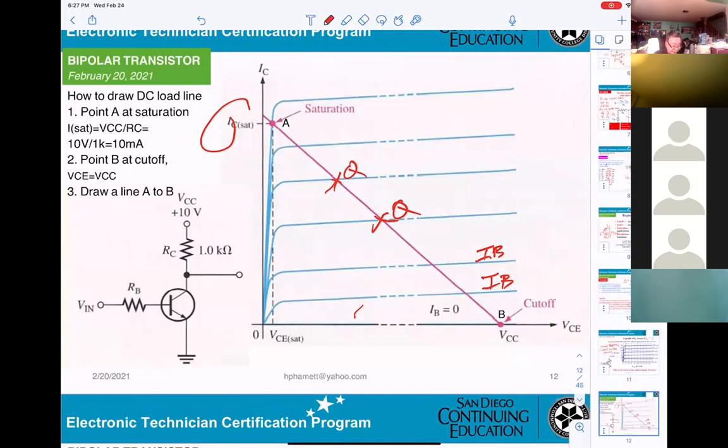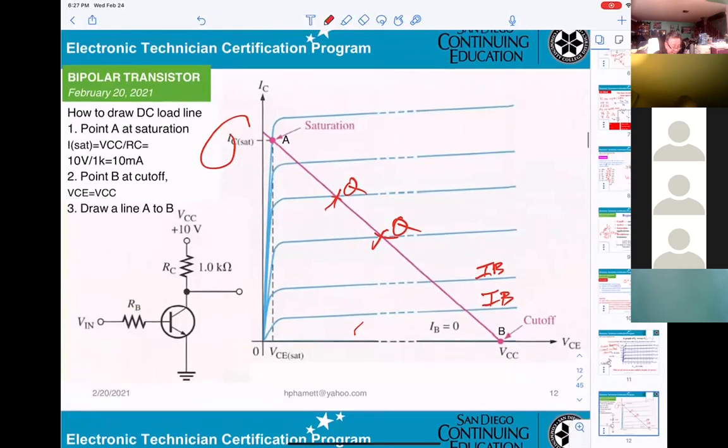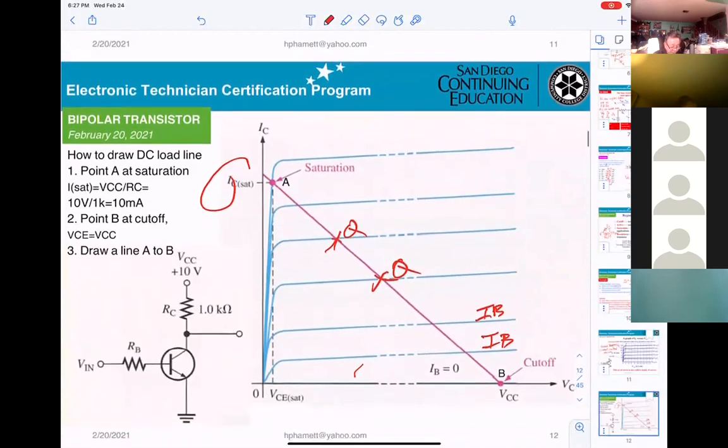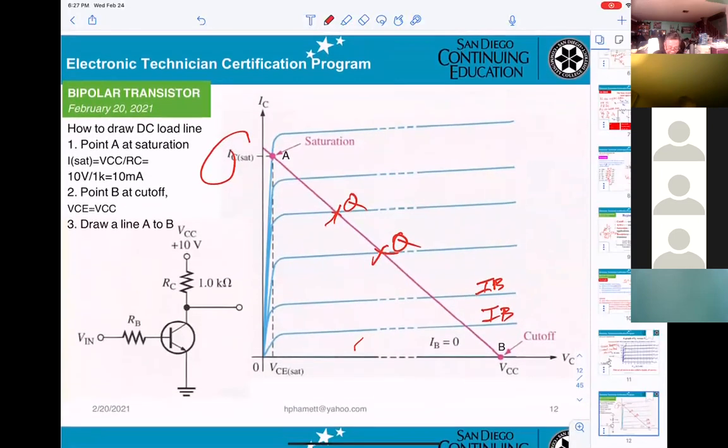You can see right here, point A at saturation equals 10 milliamp, so that will be the 10 milliamp point here, and point B will be cutoff. You can get VCC right here. So at point B, what is the voltage VCE?